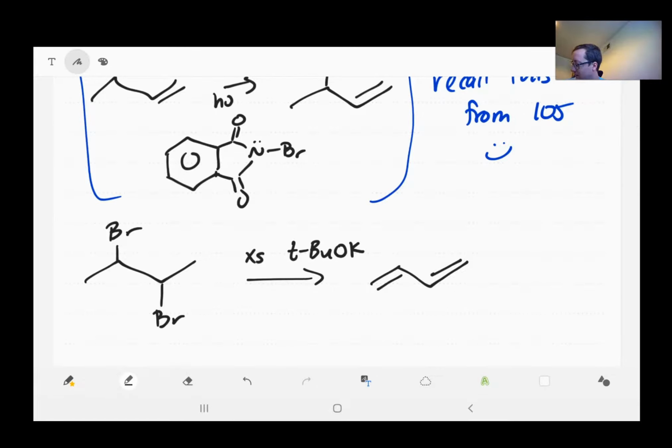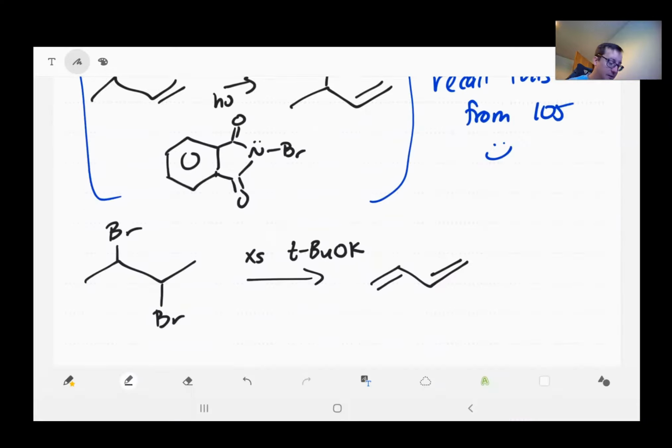We're going to see that these things are nice and stable, so they are happy to form. So throw in excess t-butoxide, you go through multiple eliminations, and you end up with your conjugated system here. So that's how that's going to play out. Okay, so that's how you can make them.